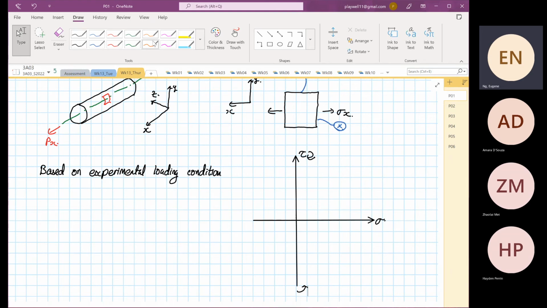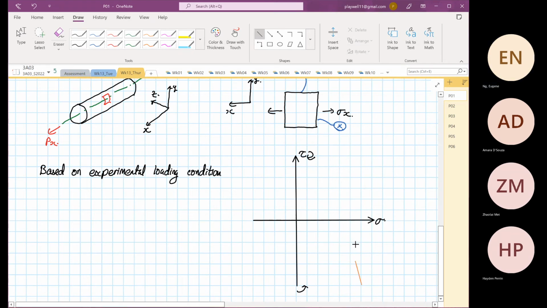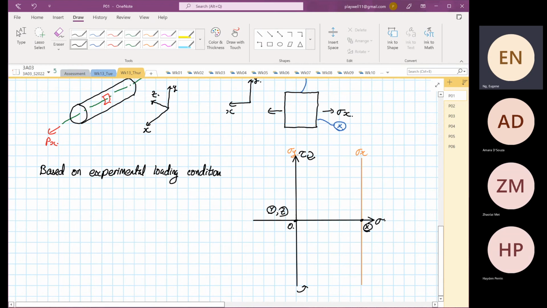Because there's no shearing in our uni-axial test, over here this is our stress X, this is our stress Y, and this is 0. And when we construct our Mohr's circle, over here is our point X, over here is our point Y, and it's also equal to our point Z because our Z stress state is equal to 0. So this is our Mohr's circle now.